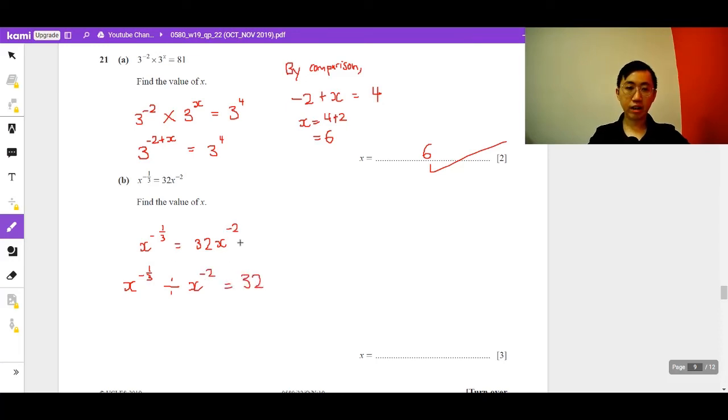Now I already showed you how I move it towards the left hand side, and now you're going to use the law of indices to combine. When you divide, the power will minus the power. Let's go. So x power negative 1 over 3 minus negative 2 equals 32. Careful with the negative 2. Now simplify your powers on top. So x to the power of how many?